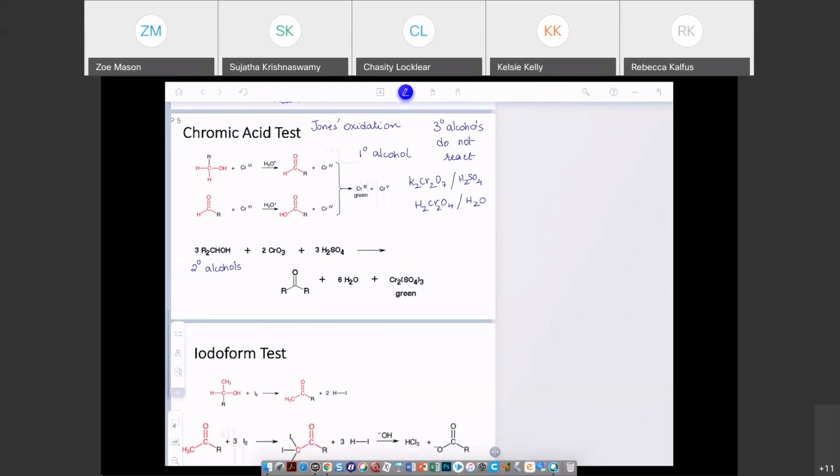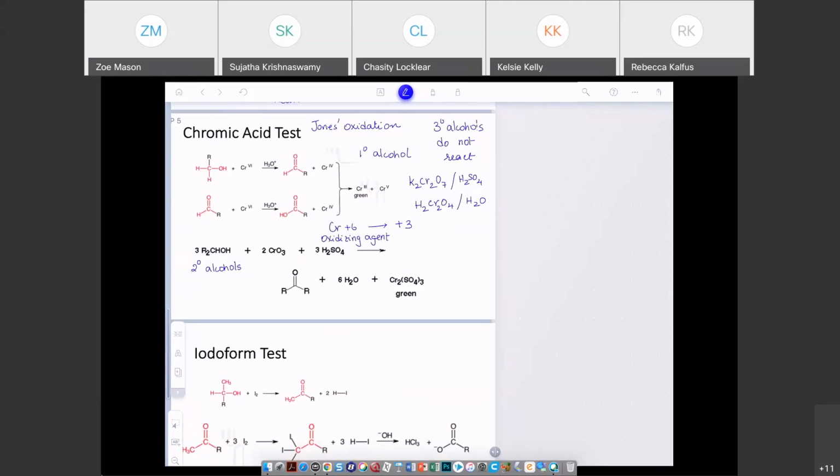With water. With any of these, chromium is going to be in the +6 oxidation state, and it's an oxidizing agent which gets reduced. So it gets reduced to the +3 oxidation state. The most important thing to remember is the color change, because these are visual tests.